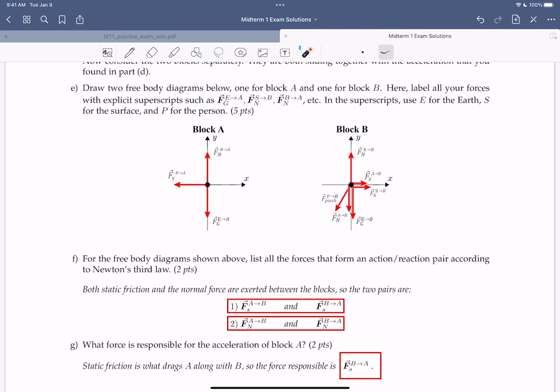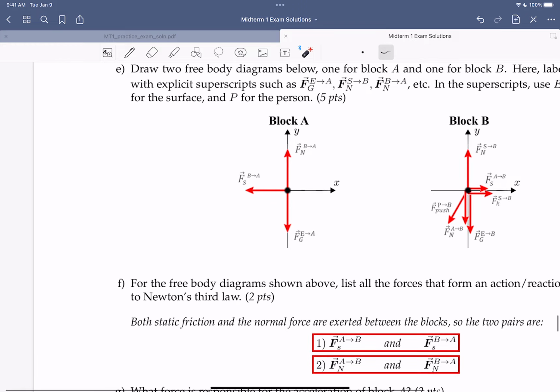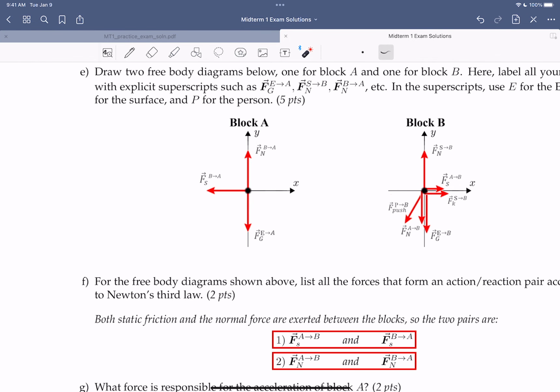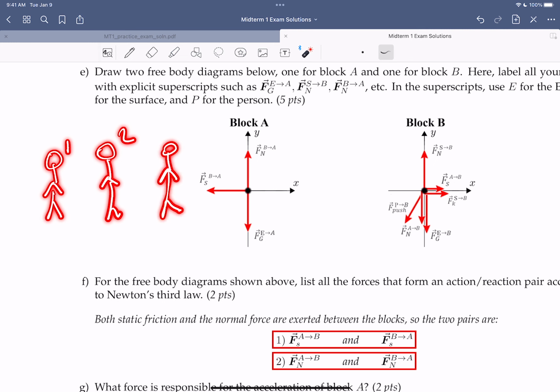Let's say, for example, I used this example when I was doing the written homework a couple weeks ago. Let's say person 1 is standing in line, person 2 is standing in line, person 3 is standing in line. Let's say person 1 felt a push force.